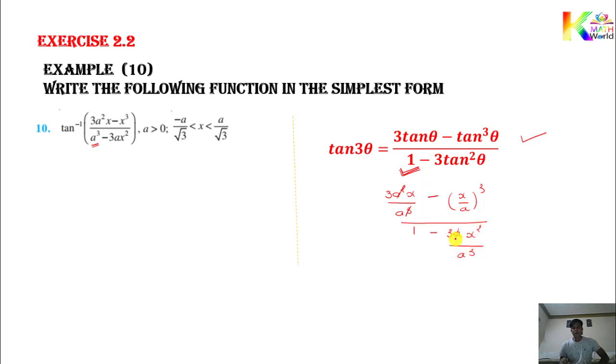So one a cancels, and you have left here a square. Now you tell me when you will be able to set the formula. 1 is there, 1 is there. 3 is there, 3 is there. Now I am going to write here what is left in the denominator: 1 minus 3 x square by a square.